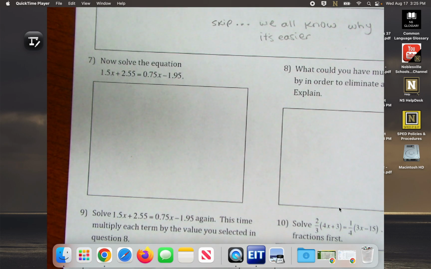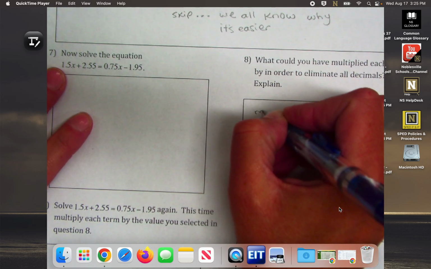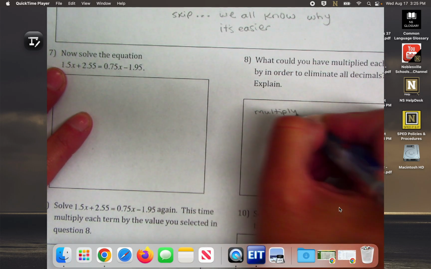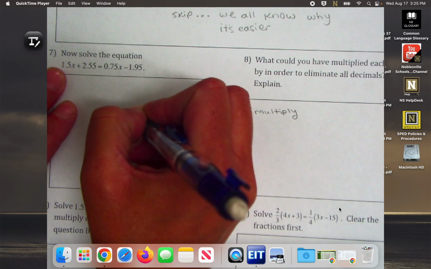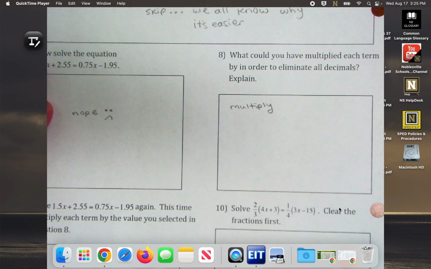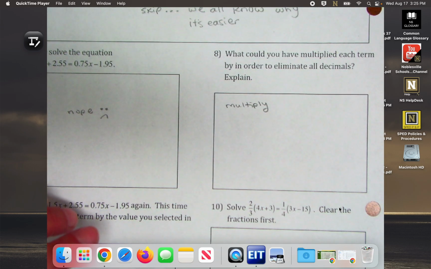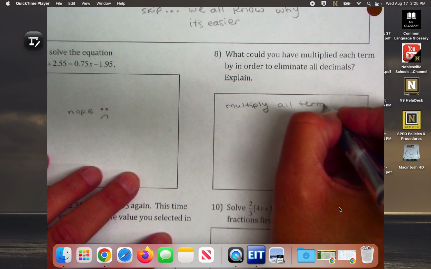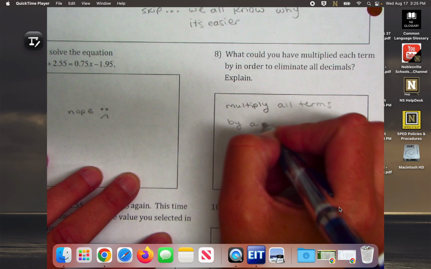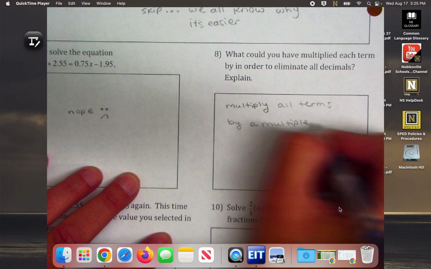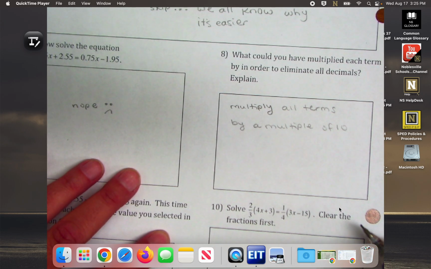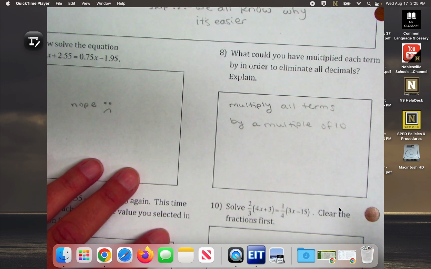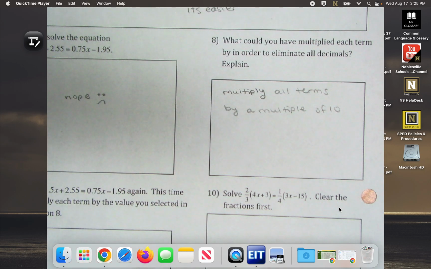So for that, all I need to do is see, okay, I have 2 decimal places here, 2 decimal places here. So I'm going to multiply all of these by 100. Multiply all terms by a multiple of 10. Depending on how many decimal places there are, that's what your multiple of 10 would be.